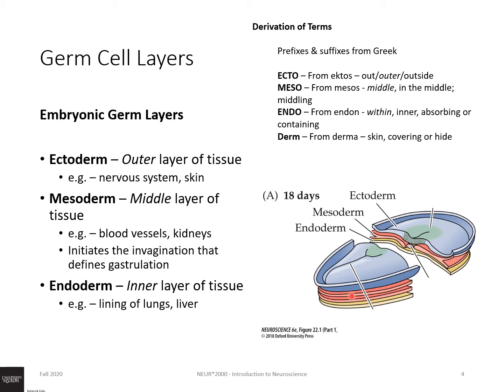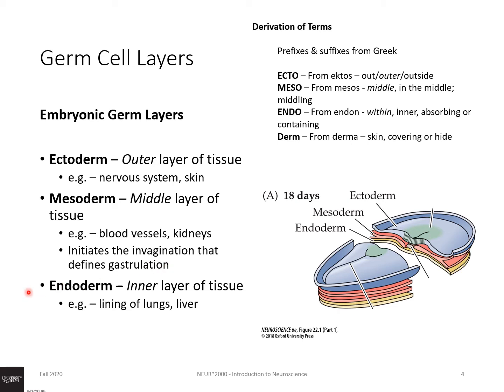This gives rise to blood vessels and kidneys. And it initiates the invagination, or the folding in, so being turned inside out or folded back on itself to form a cavity or a pouch. So the invagination that defines gastrulation. And we'll get to all of this as well.